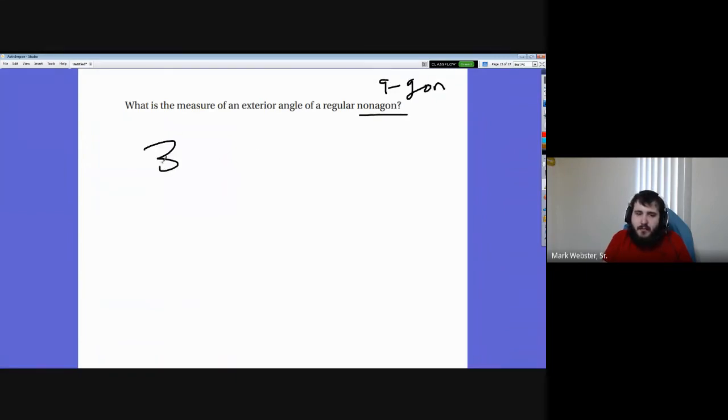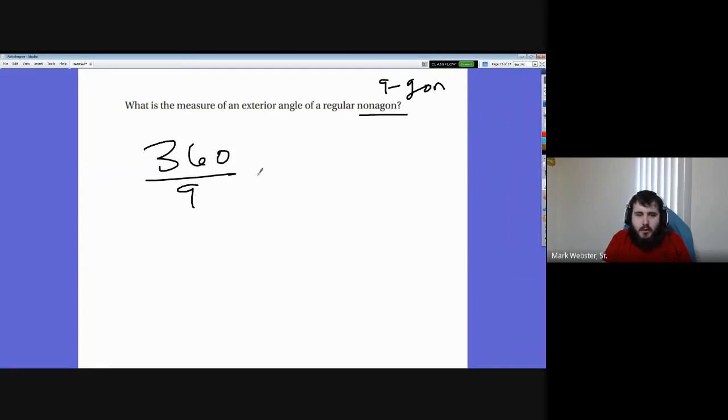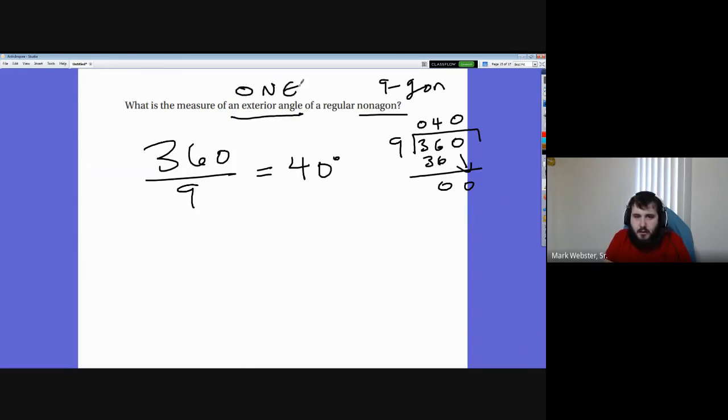So let's do this. 360 divided by 9. 9 goes into 3 0 times. 36, it goes in 9 times 4 is 36, right? Drop down the 0. 9 goes in 0 times. So we've got 40 degrees for one exterior angle of a regular nonagon.